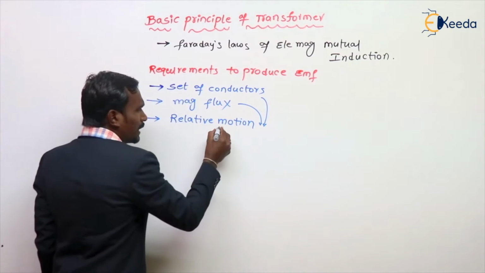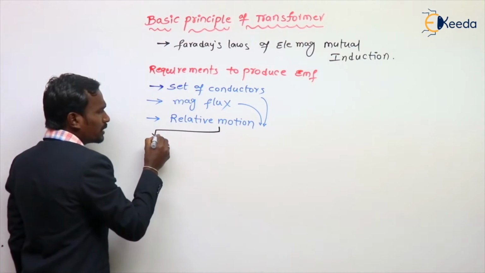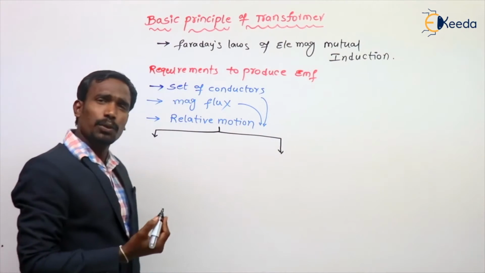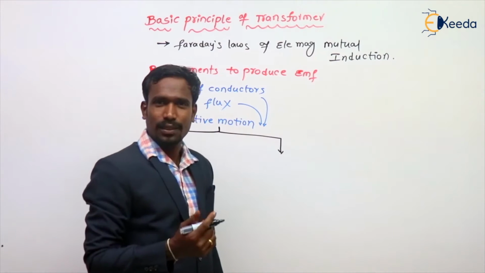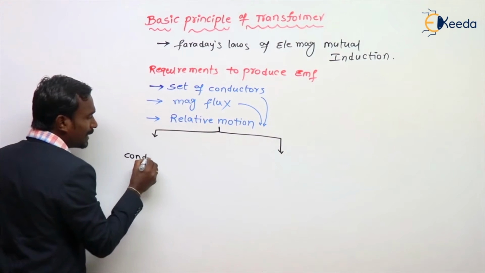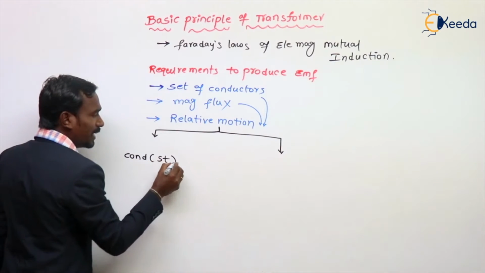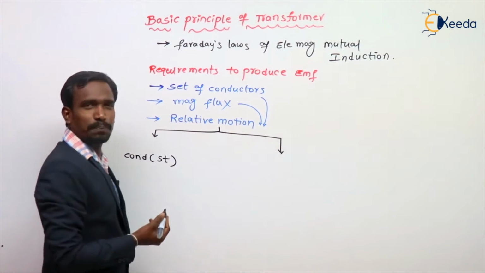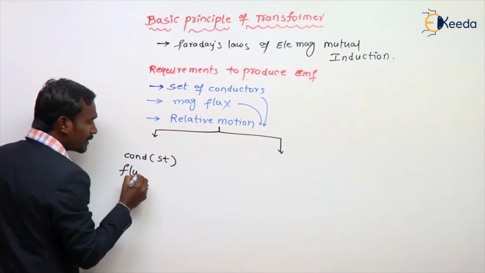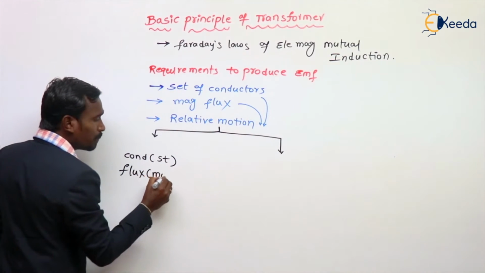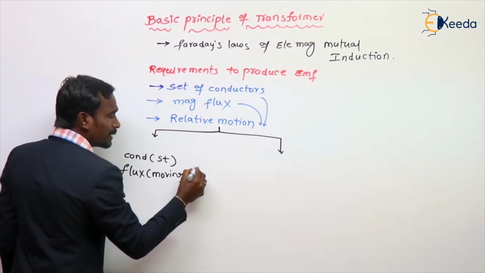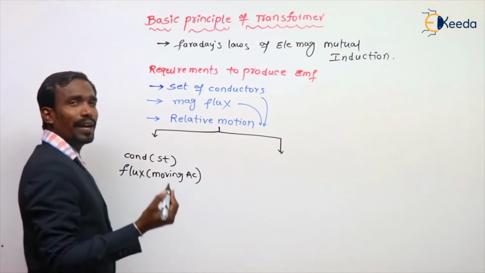Actually, these relative motions are of two types. In the first case, the conductors are stationary, nothing but zero speed. If the conductors are stationary, then the magnetic flux should be moving, so you simply have to give an AC supply.